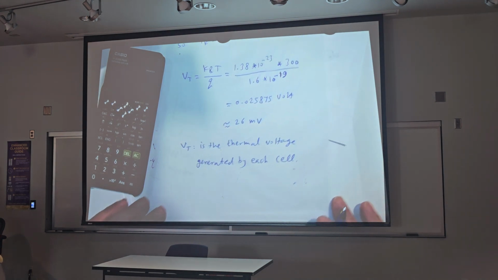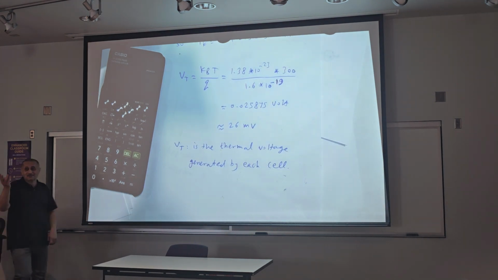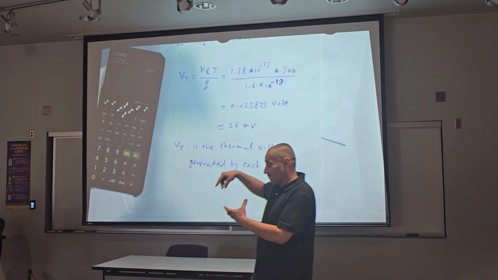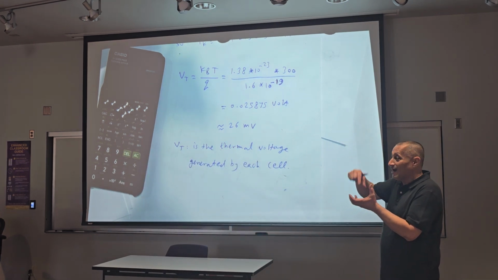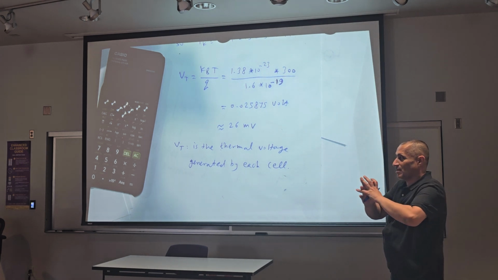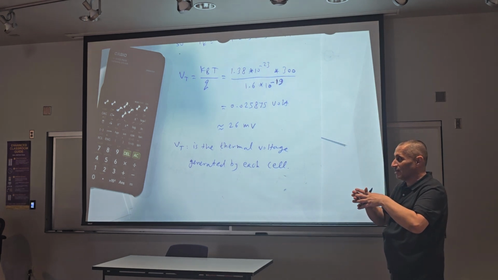So now we have two types of temperature: temperature of the diode itself, and temperature from the surrounding area or body, okay?